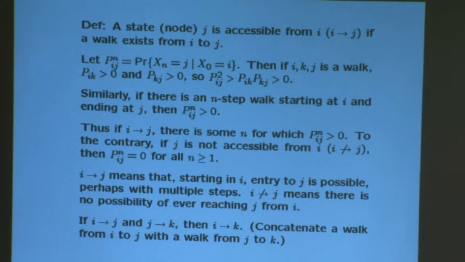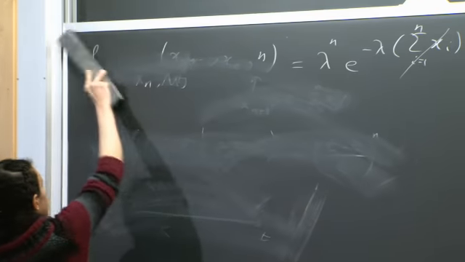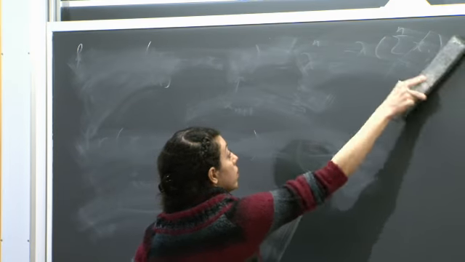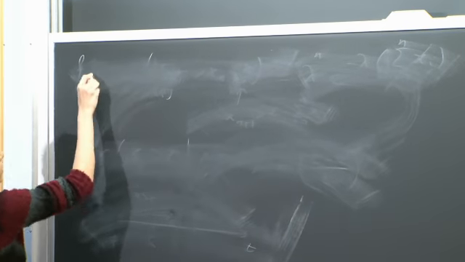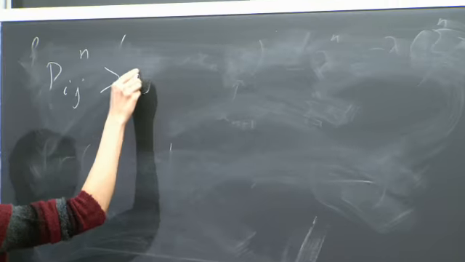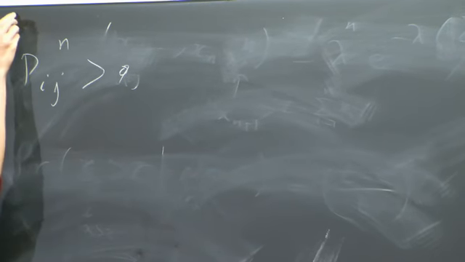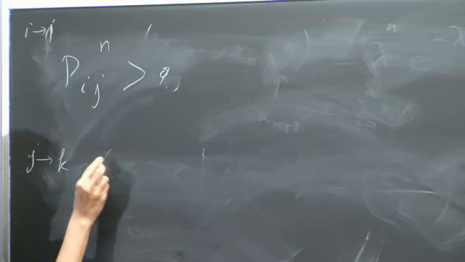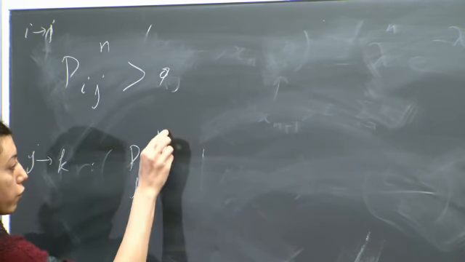The other thing is that if there's a walk from i to j and from j to k, we can prove easily that there's a walk from i to k. Having a walk from i to j means that for some n, P_ij^n is positive. From j to k, this means that P_jk^m is positive for some m.